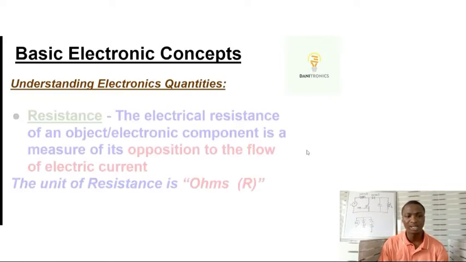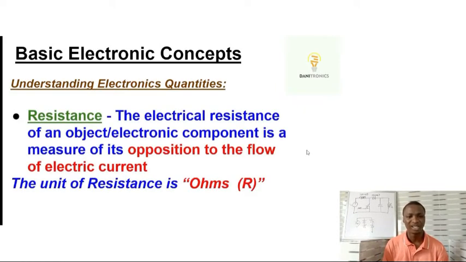The next quantity is resistance. The electrical resistance of an object or electronic component is a measure of the opposition to the flow of electric current. Please take note of this: opposition to the flow of electric current. Remember, when we're talking about voltage, we talk about voltage as being the force pushing electric charges.